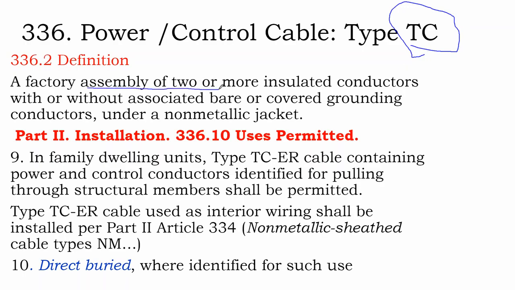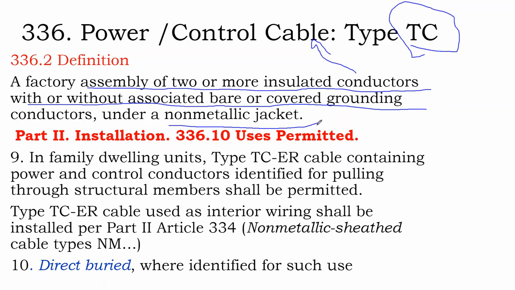It's an assembly of 2 or more conductors, so that's why we're calling it cable rather than a conductor. It's a cable with 2 or more conductors, with or without a ground, and it has a non-metal jacket.